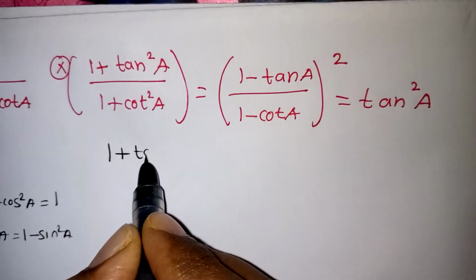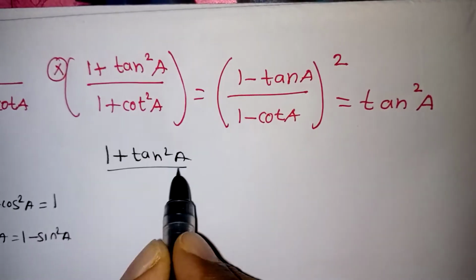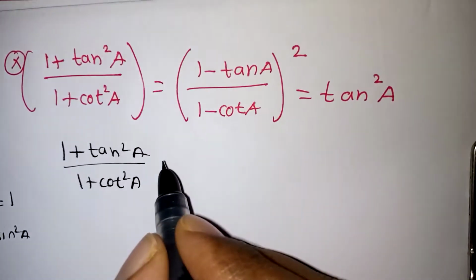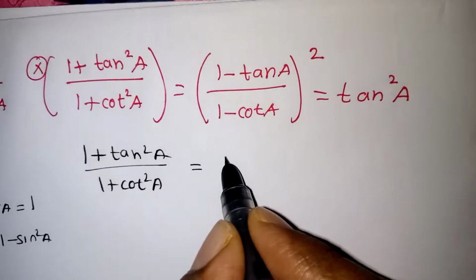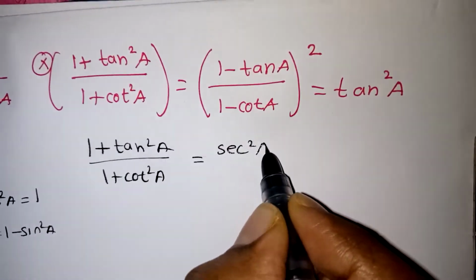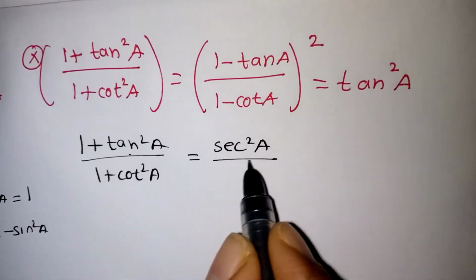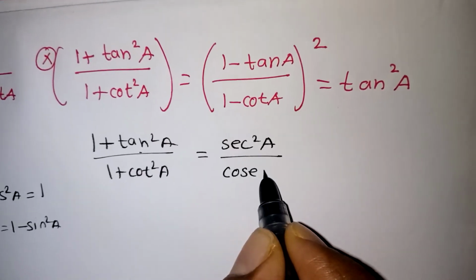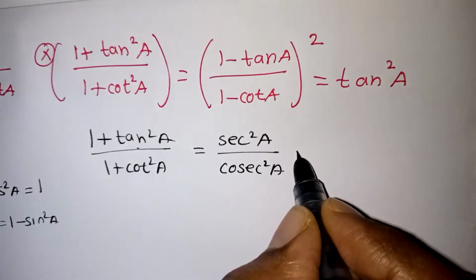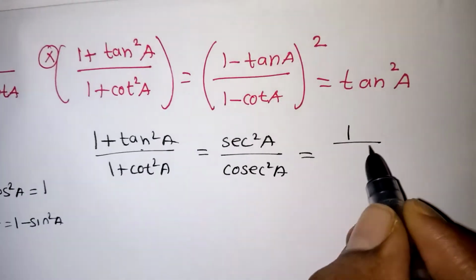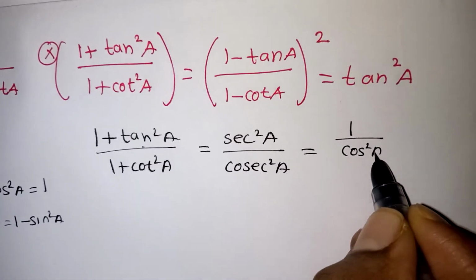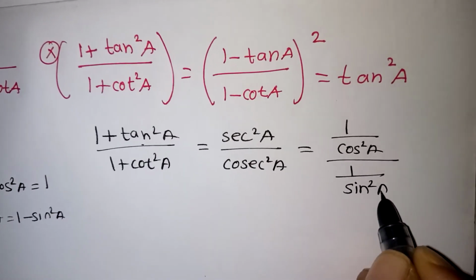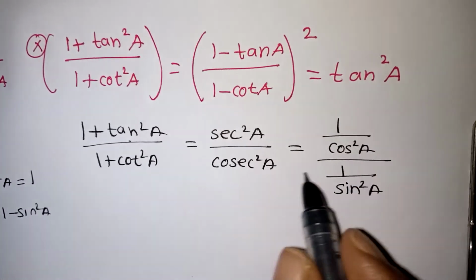So (1 + tan² A)/(1 + cot² A) we are going to prove now. 1 + tan² A, our formula is sec² A, a direct identity. 1 + cot² A can be written as cosec² A. Sec² A is the reciprocal of cos, so this is (1/cos² A) divided by cosec² A, which is 1/sin² A. 1/sin² A we do the reciprocal, it goes up.